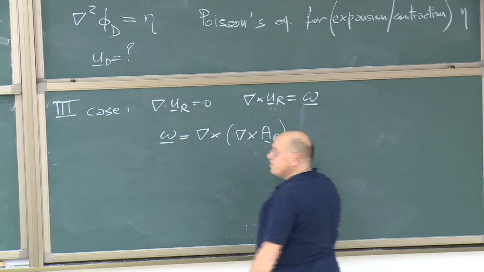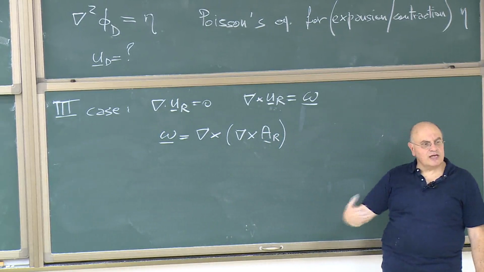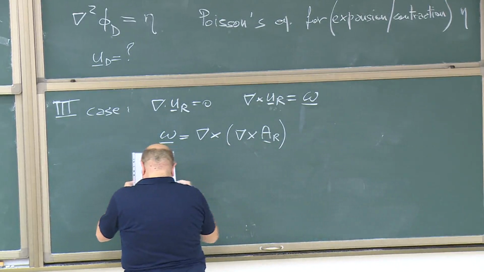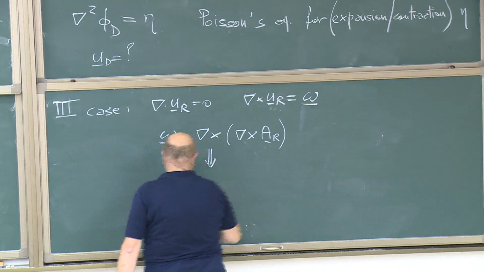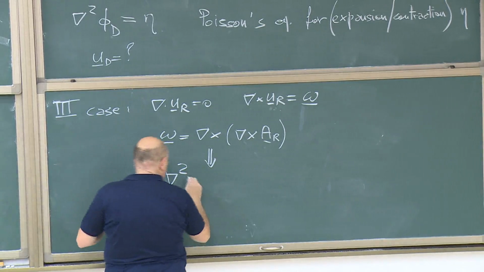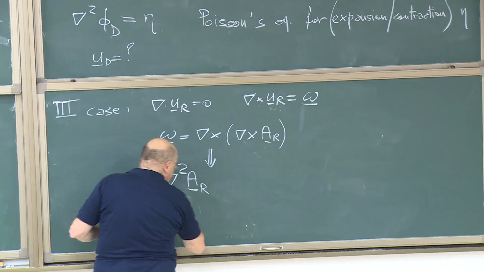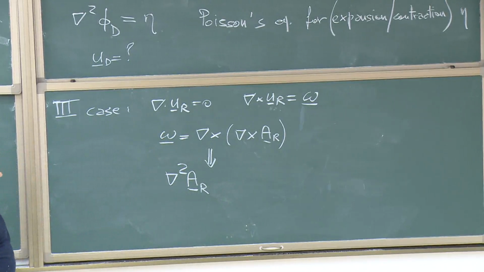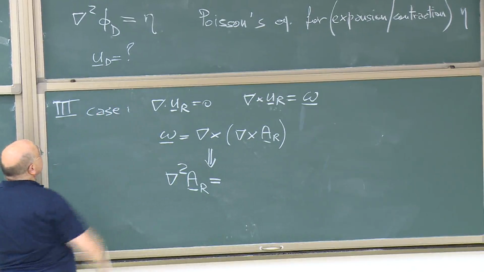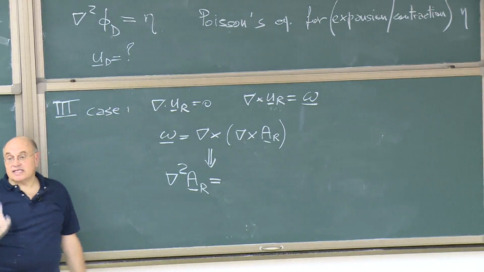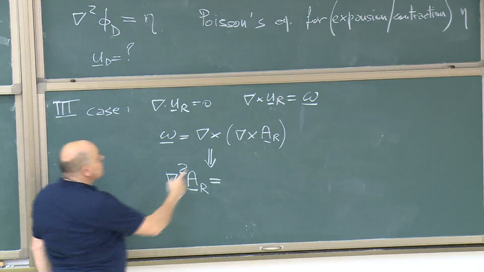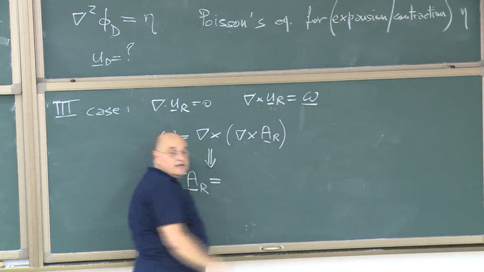But I have to solve this equation, so I have to do some vector identities, vector algebra calculations, and this gets you to another Poisson equation, the Poisson equation for another field, for A. And this Poisson equation is a bit more general than that because eta is a scalar, but now I deal with omega, that is a vector.